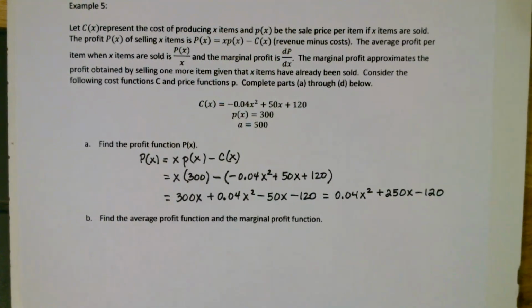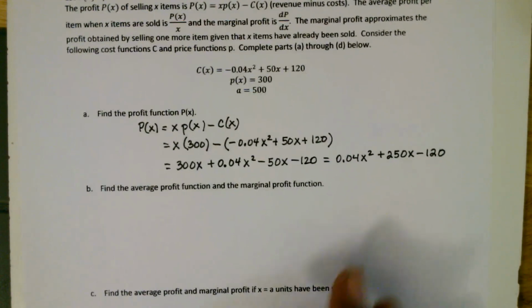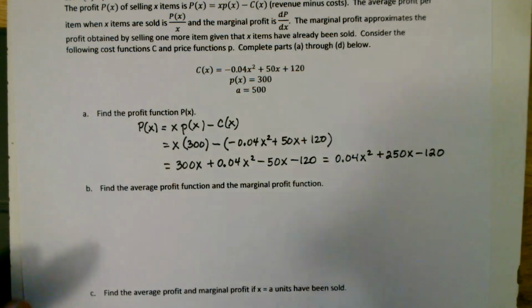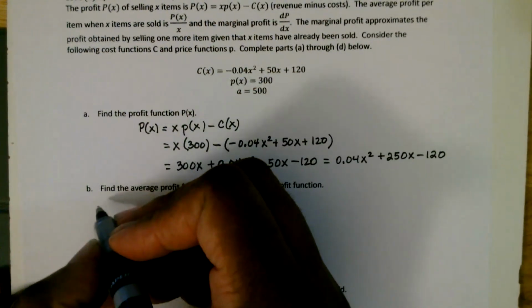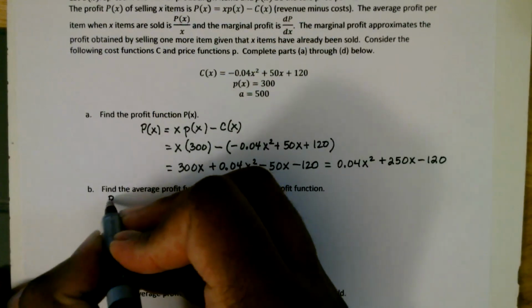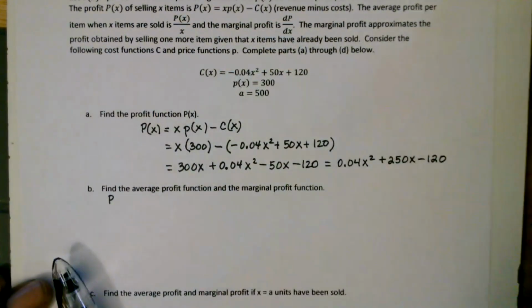That would be your profit function there: 0.04x squared plus 250x minus 120. Now in part B, they want the average profit function and the marginal profit function. All right, so the average profit function is going to be P of x. Well, let me go and write that.